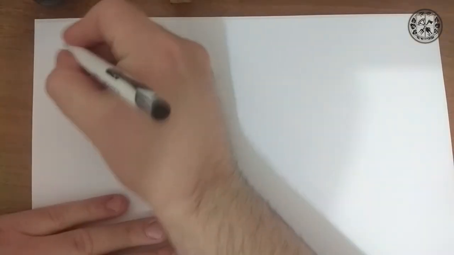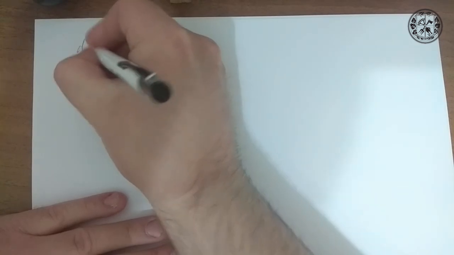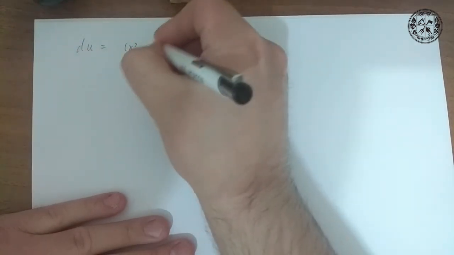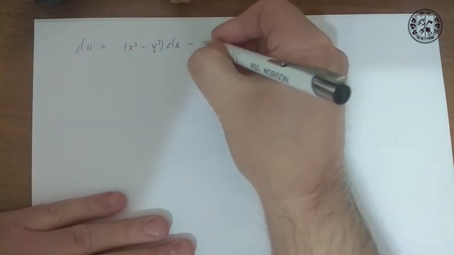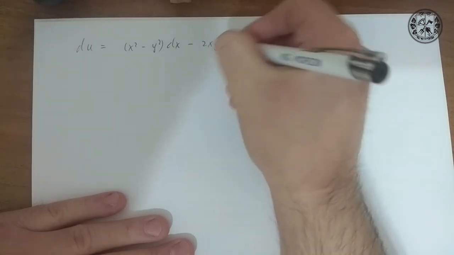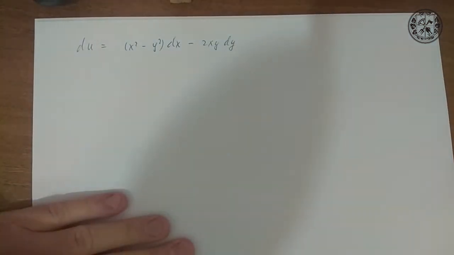Let us continue this example and find out what function can be represented as x squared minus y squared dx minus 2xy dy. What function u has to be.